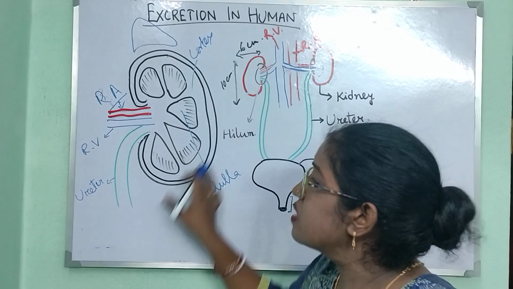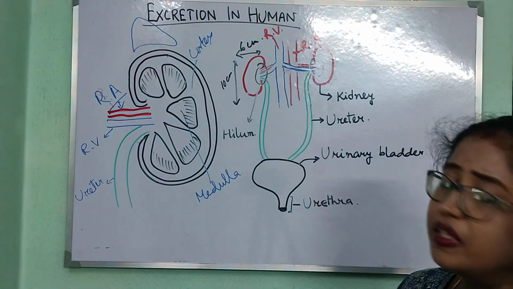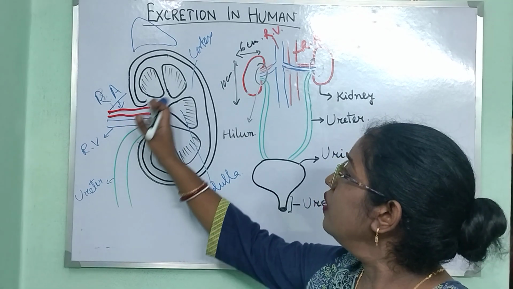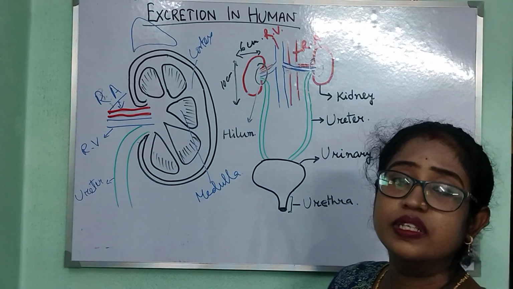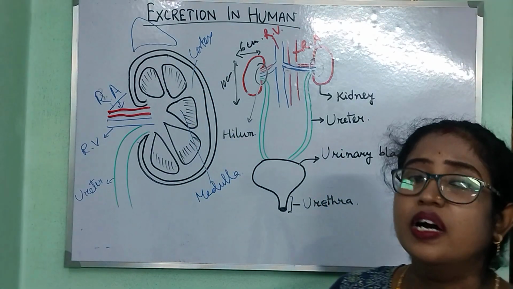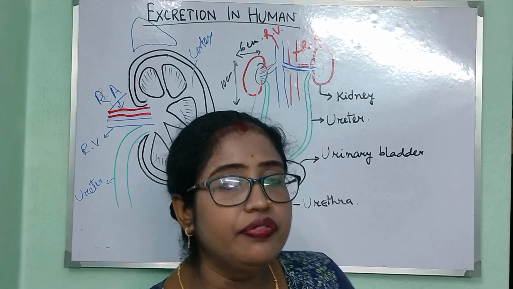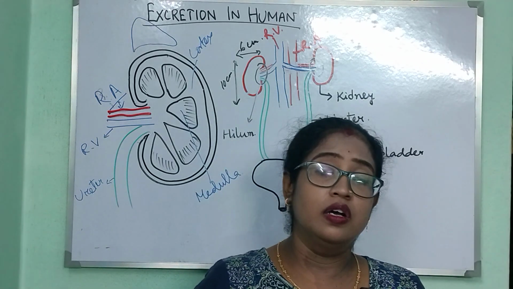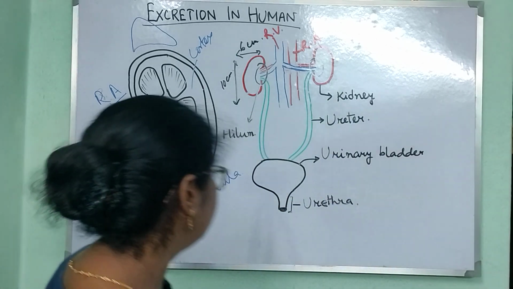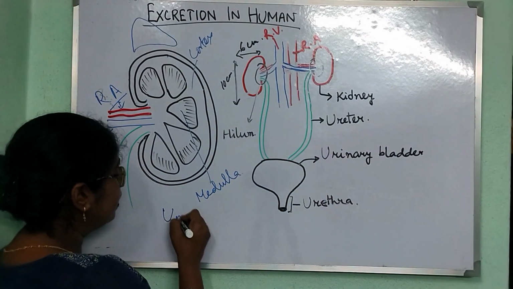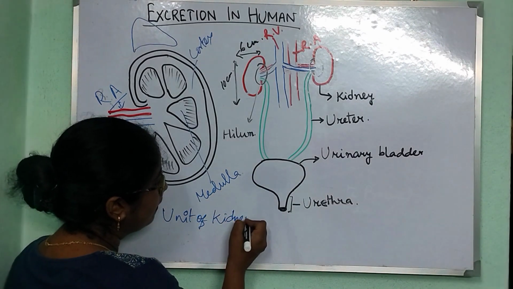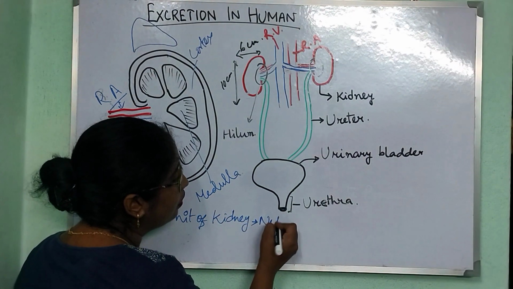So now let us discuss the internal structure of the kidney. There is a cortex region along with the medulla region. First I would like to say that the unit of kidney is known as nephron.